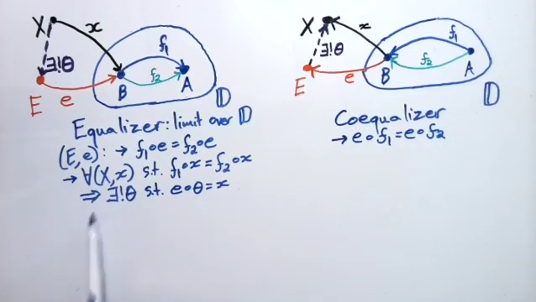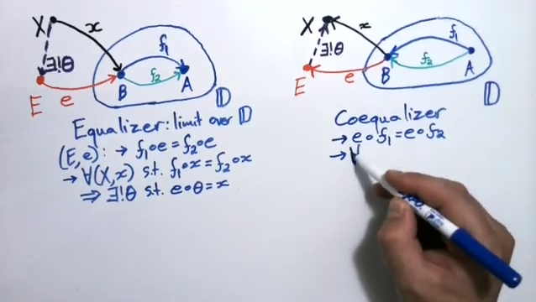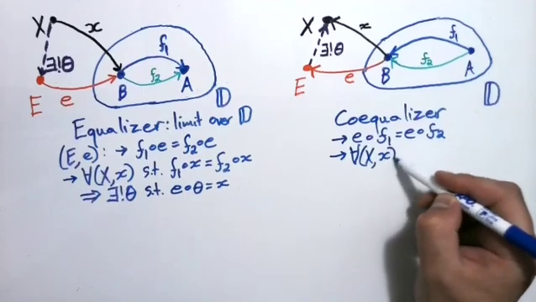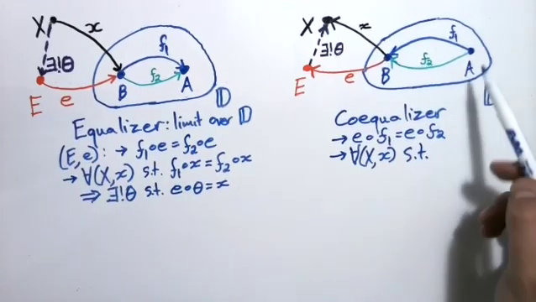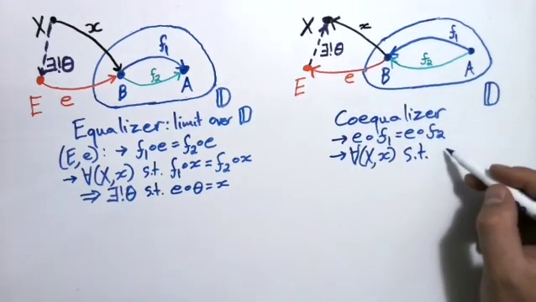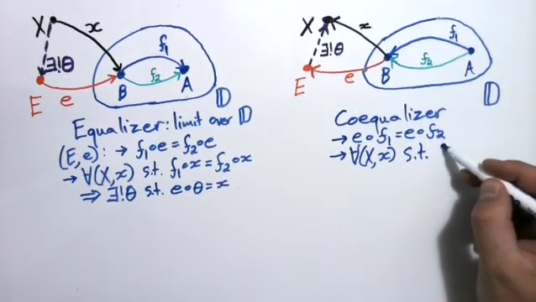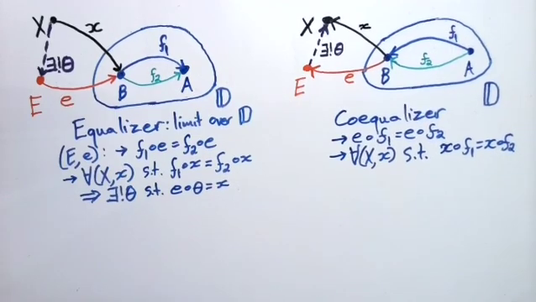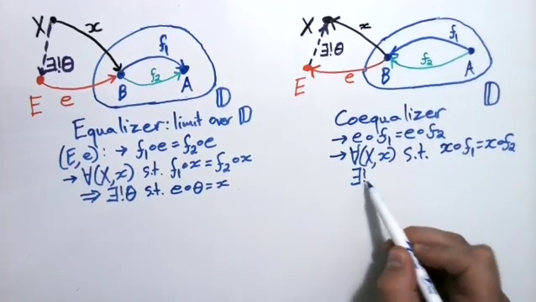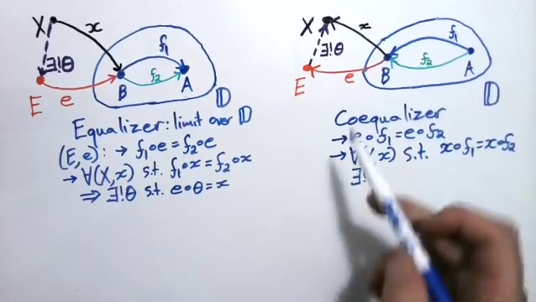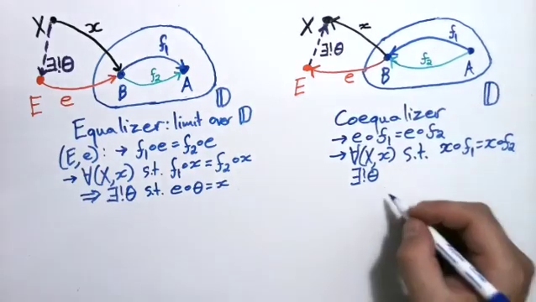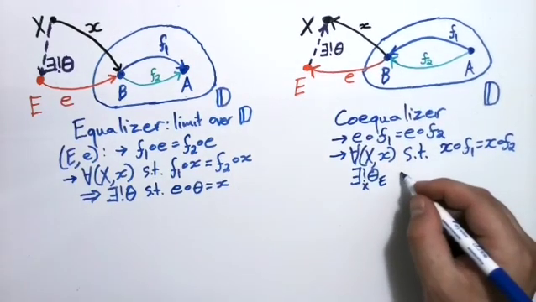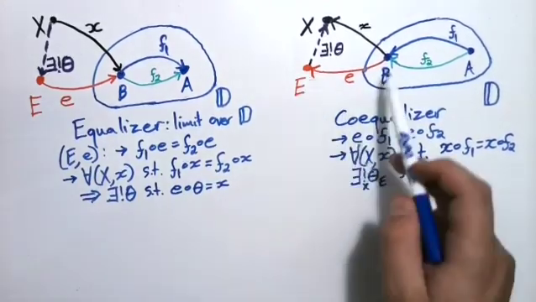And what would our universality property be? Well, or I guess co-universality property in this case, it would be that for any pair X, X, such that in this case they commute but this way, so X after F1 equals X after F2, we need to have that there exists a unique mediating morphism theta, which goes from, in this case, E into X, such that this triangle commutes again.